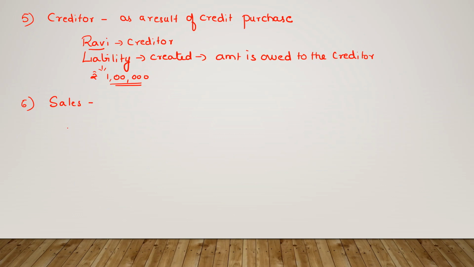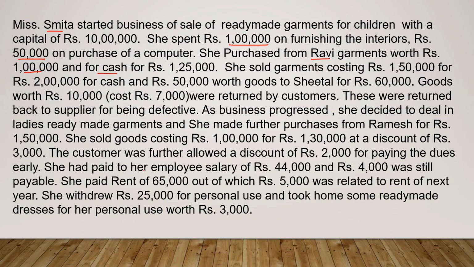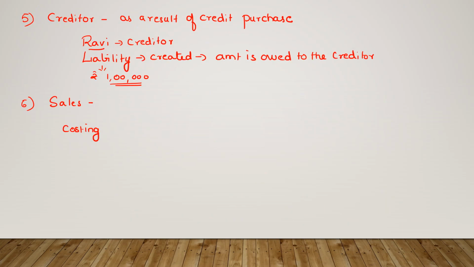Now, there was a sale of garments costing rupees 1,50,000, sold for 2 lakhs, and that was for cash.